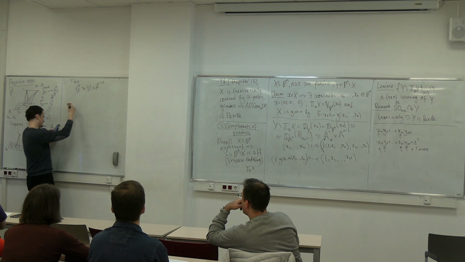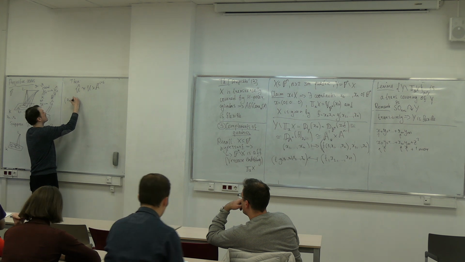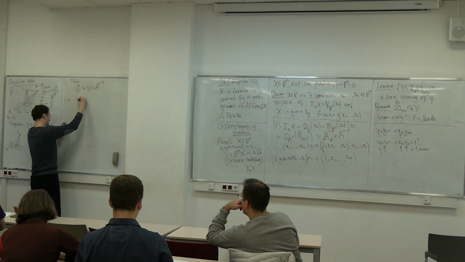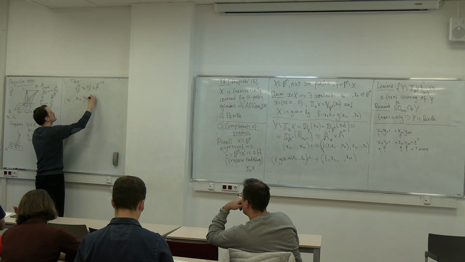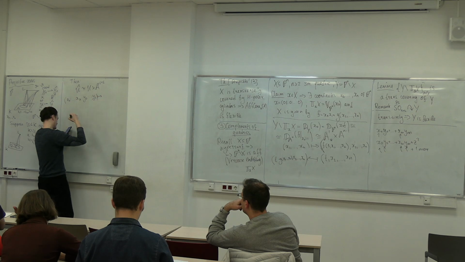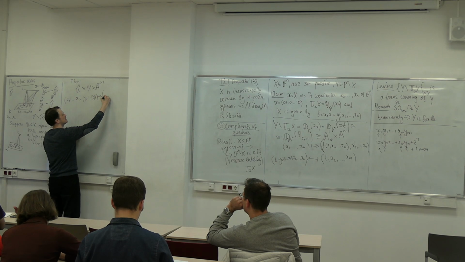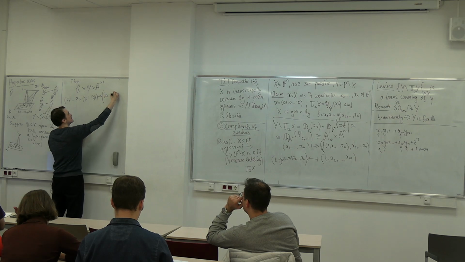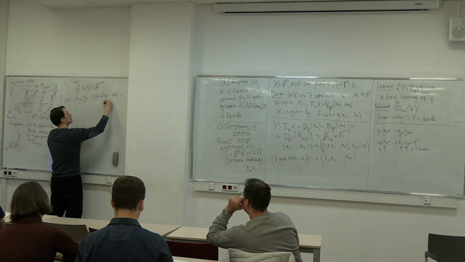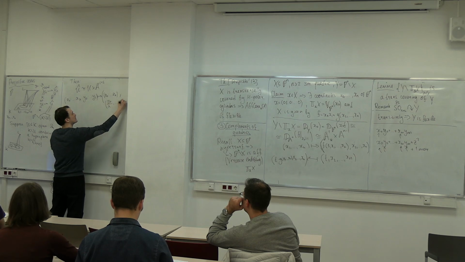Okay. So how does it work? So here we have coordinates x's and y's. They map to a pair of tuples of coordinates. The first one is just the same x's, and the second one is y0 over h, and so on, yl over h.